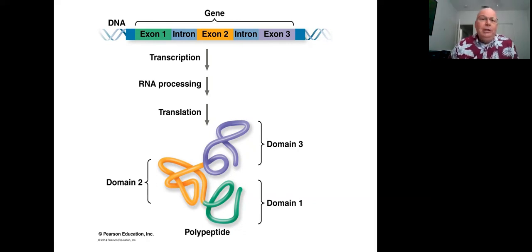And not only is there no rule that says that exons have to be linked together in a particular order, there's no rule that says that all the exons actually have to be linked together anyway. You could drop one out and just not use it, which opens up a whole other range of possibilities.